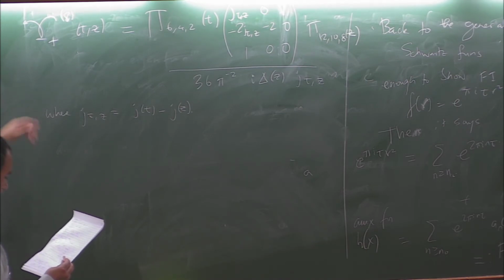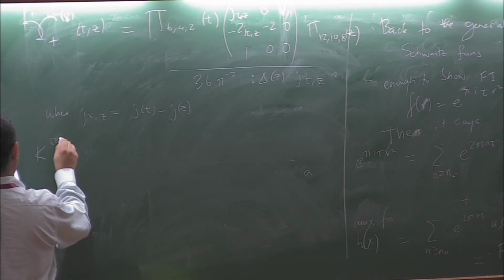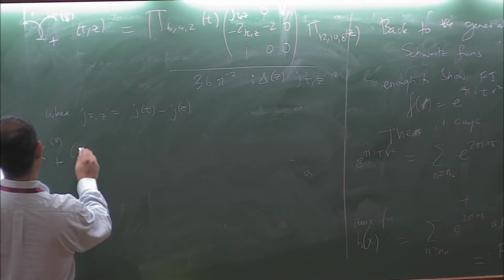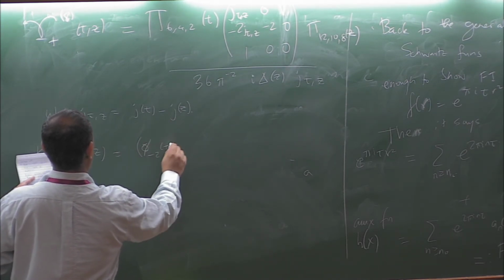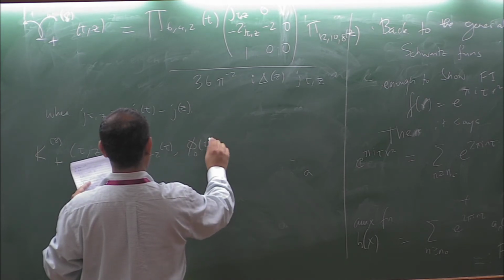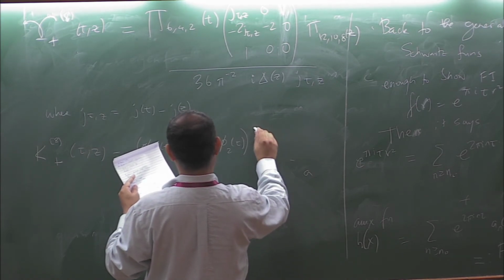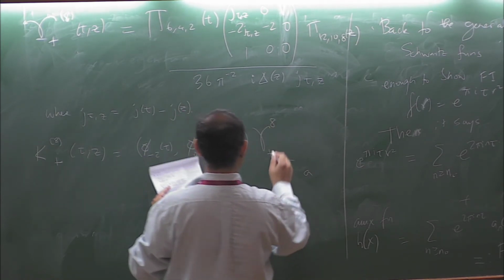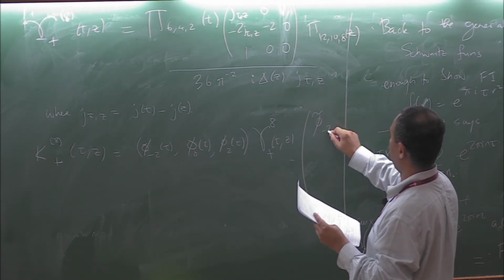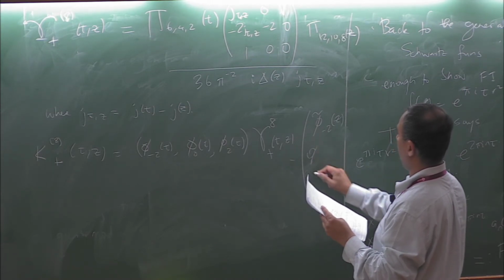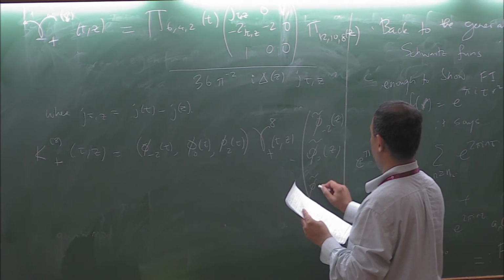So this gives you some matrix, and K8, the plus kernel in the 8-dimensional case, is the following thing. It's the row vector phi minus 2 of tau, phi 0 of tau, phi 2 of tau, multiplying this matrix epsilon 8 plus of tau z, and multiplying the column vector phi tilde minus 2 of z, phi 0 tilde of z, and phi 2 tilde of z.